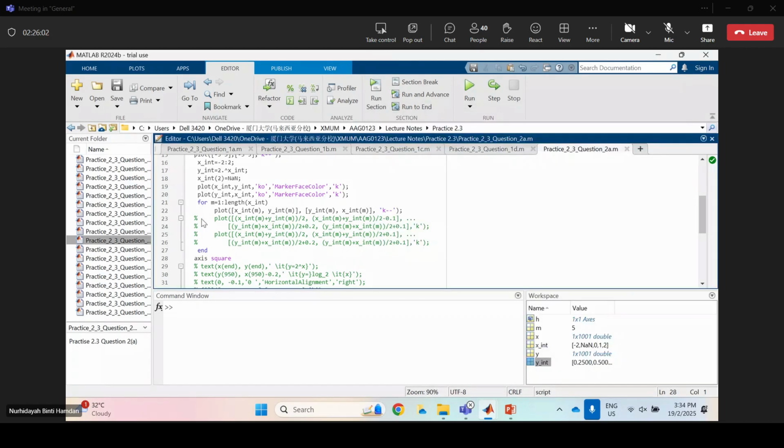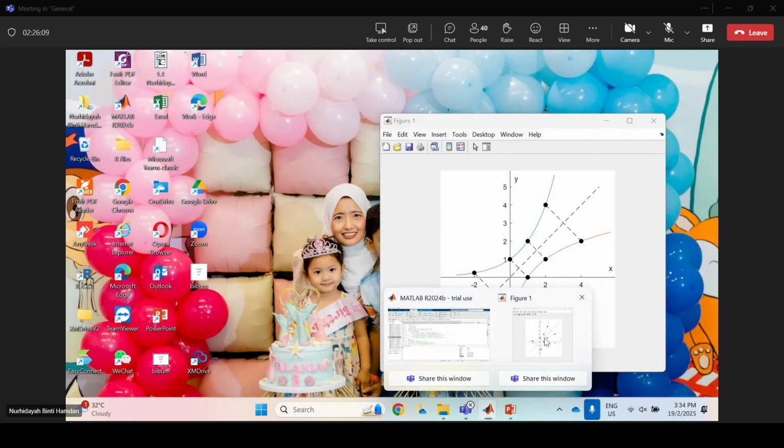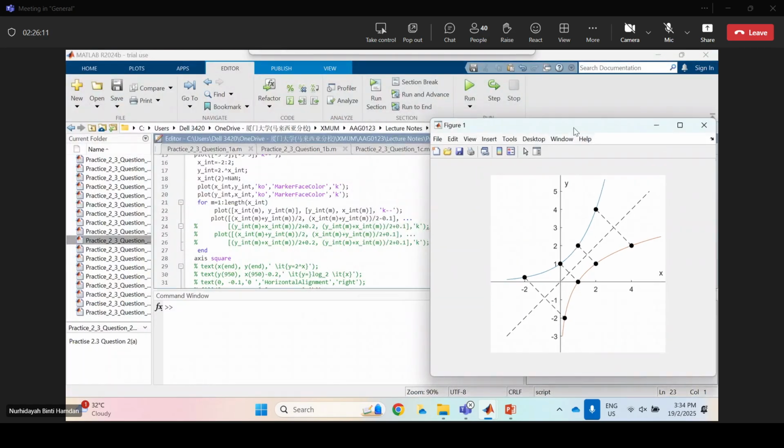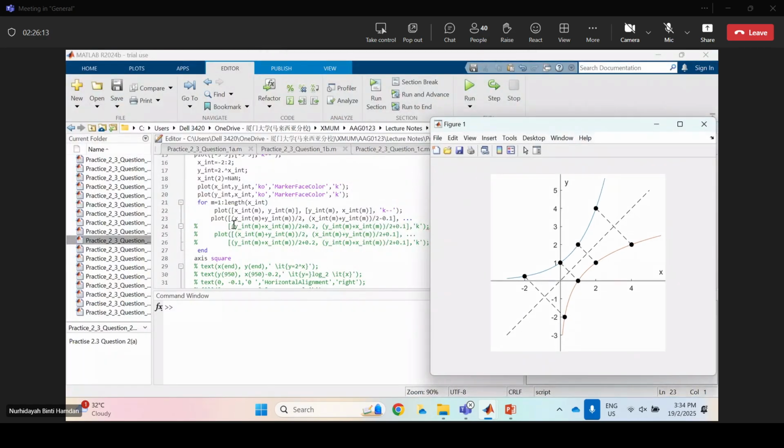Look at this line. Okay, and I open this. So you see here, x integer and y integer divided by 2, which means that we point to this in the middle.